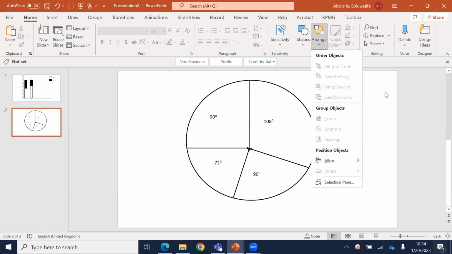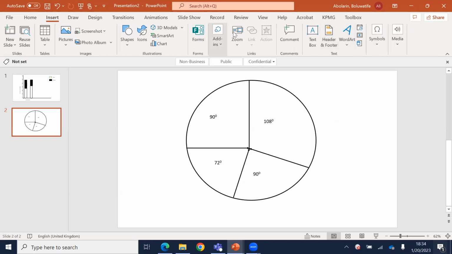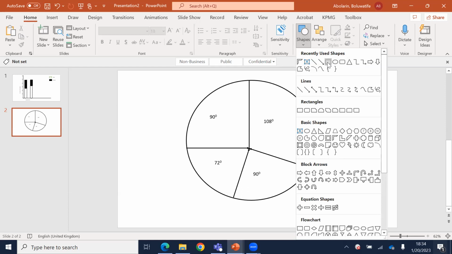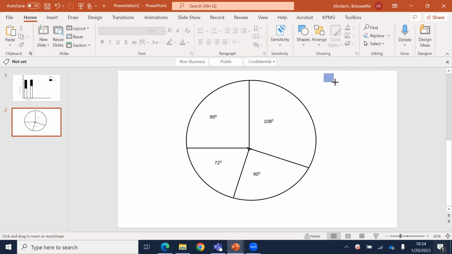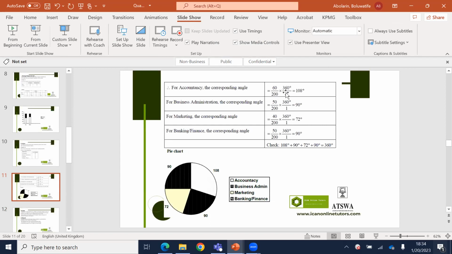So let's do the one that is blank. The one that is blank, which is 108.